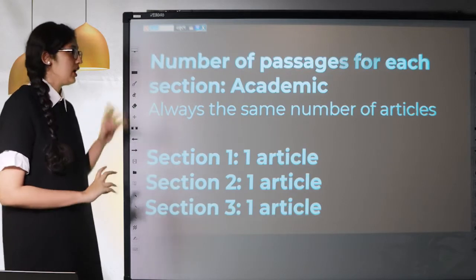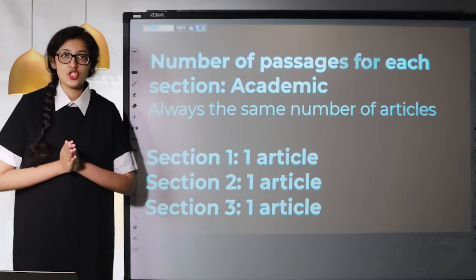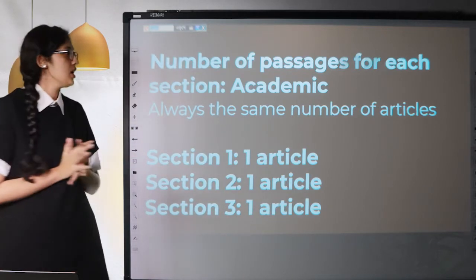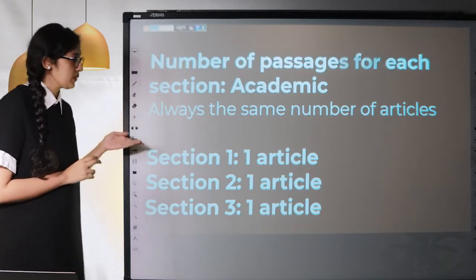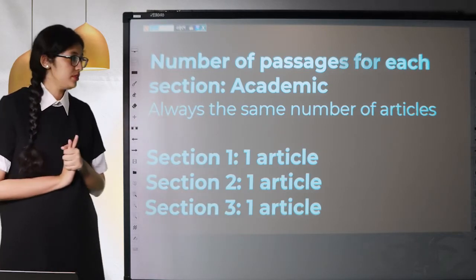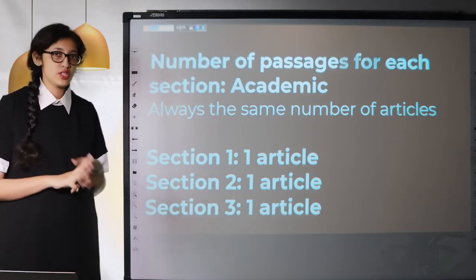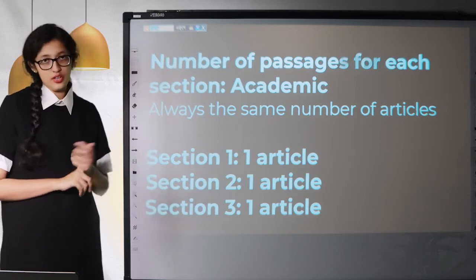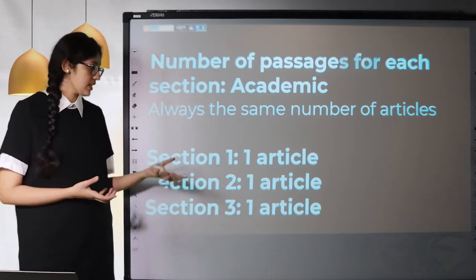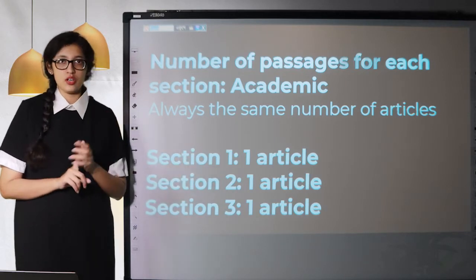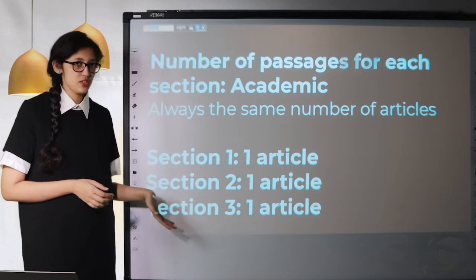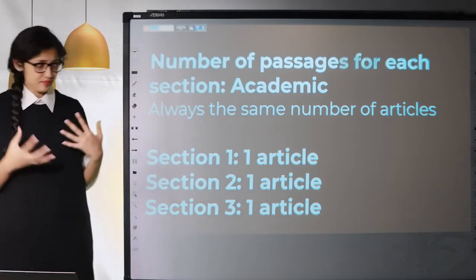I also said that the number of passages for each section is different for academic and general training reading. First of all, academic always has the same number of articles for reading materials. Each section has one article. Normally there's a trend that section 1, which is the first article, is easier than sections 2 and 3.